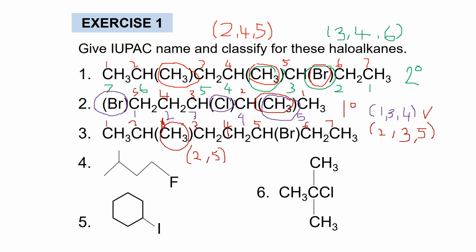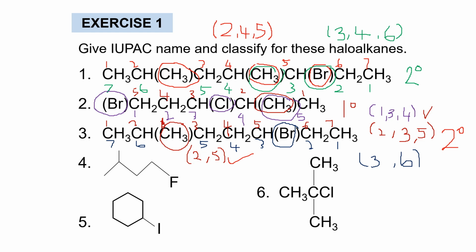If you start from the right side, 1 2 3 4 5 6 7, it is still heptane as the parent, but bromine will get position number 3 and methyl carbon number 6. So I'll choose the lower set of locants, 2, 5, and it will be named 5-bromo-2-methylheptane. Here this haloalkane is classified as a secondary haloalkane.